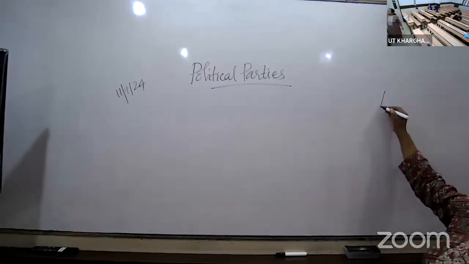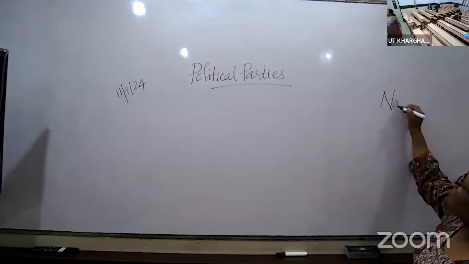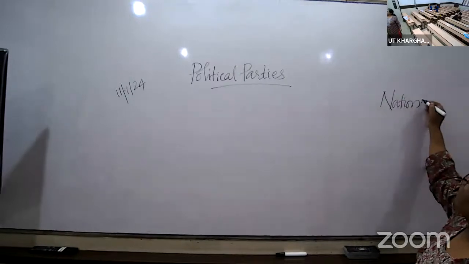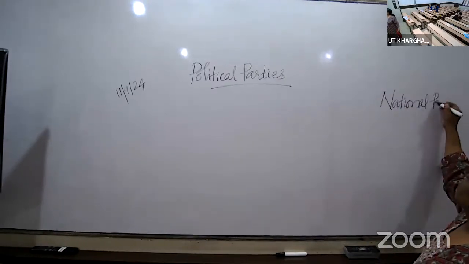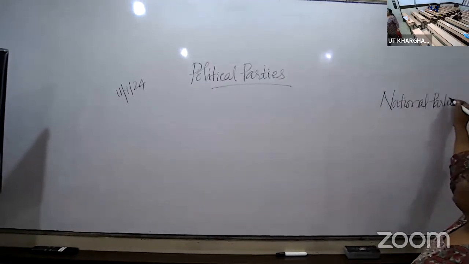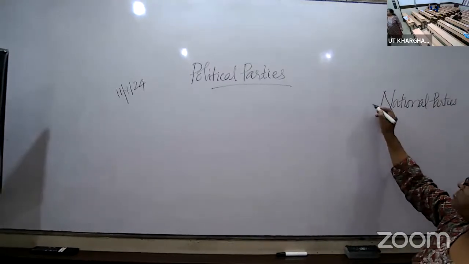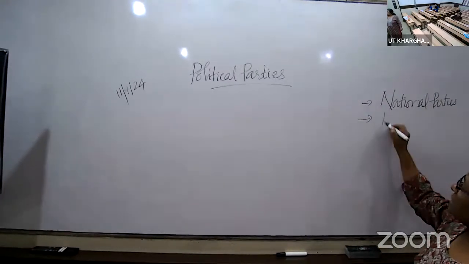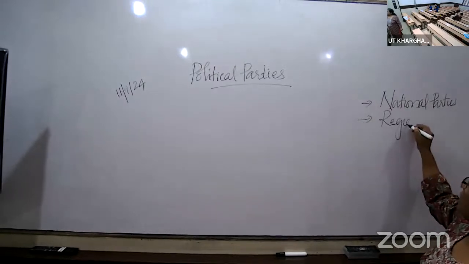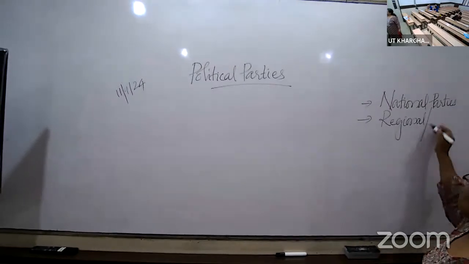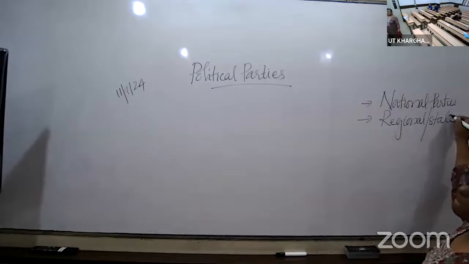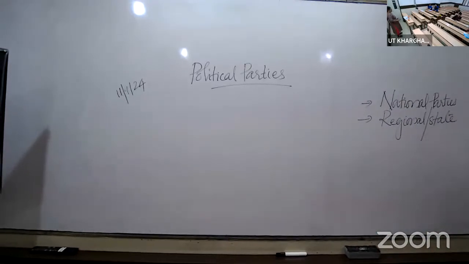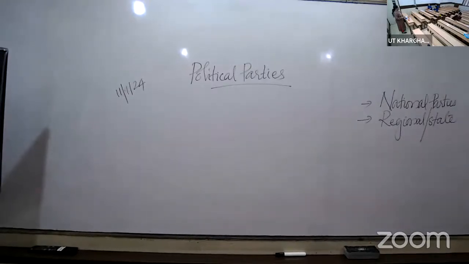Such parties are known as, can you tell what is the name? National parties or national political parties. Okay. Second type of parties are called regional or state parties. And let us try to define what is a national party.